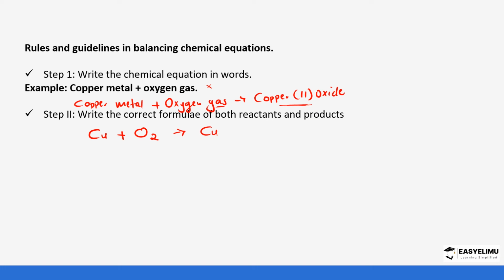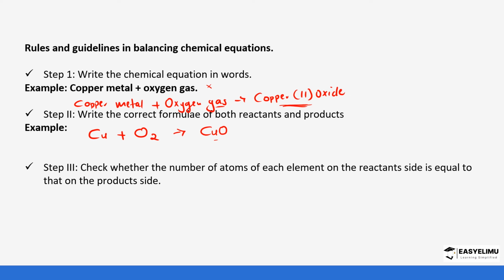It becomes CuO. You can go back and see how we write copper 2 oxide to come up with this final formula. So next, we check whether the number of atoms of each element on the reactant side is equal to the ones on the product side. So let's write our equation again. So it's copper plus oxygen to form copper 2 oxide.